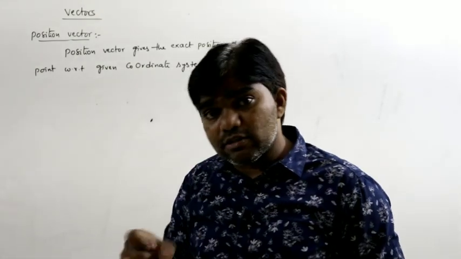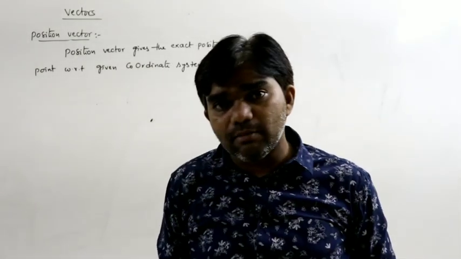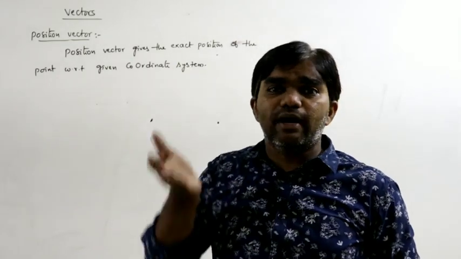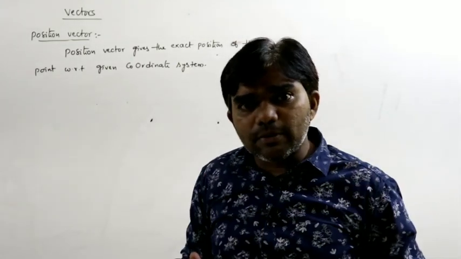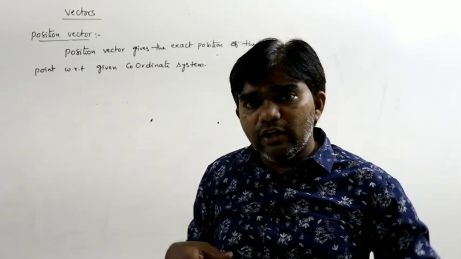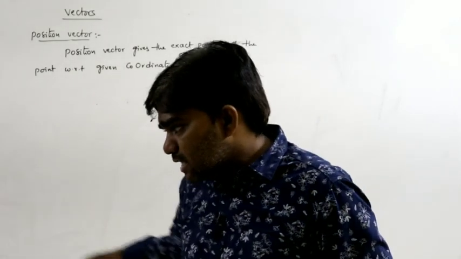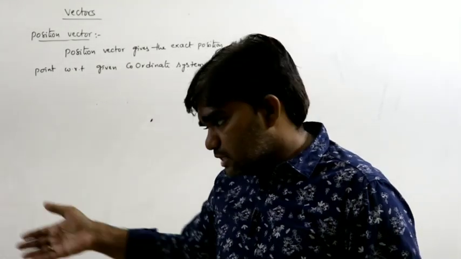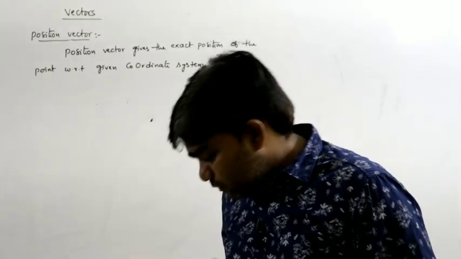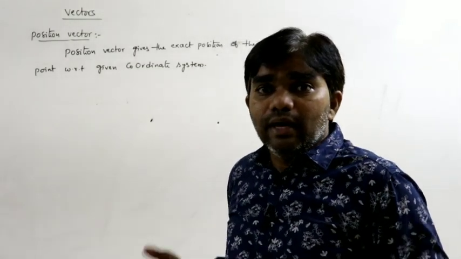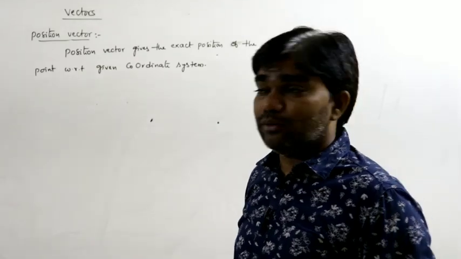Along the x axis I have some magnitude, along the y axis some magnitude, along the z axis some magnitude. So how can you represent my position exactly? Along the x axis let us say 3 meters, along the y axis let us say 1 meter, and along the z axis my height, I don't know.